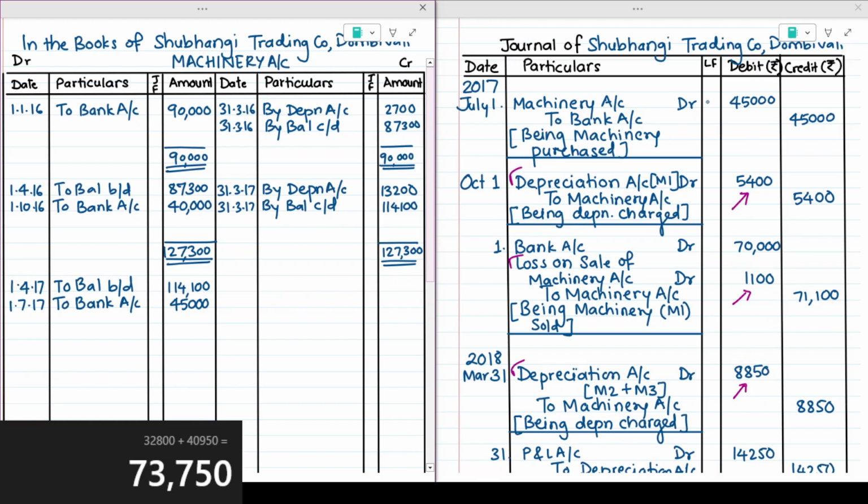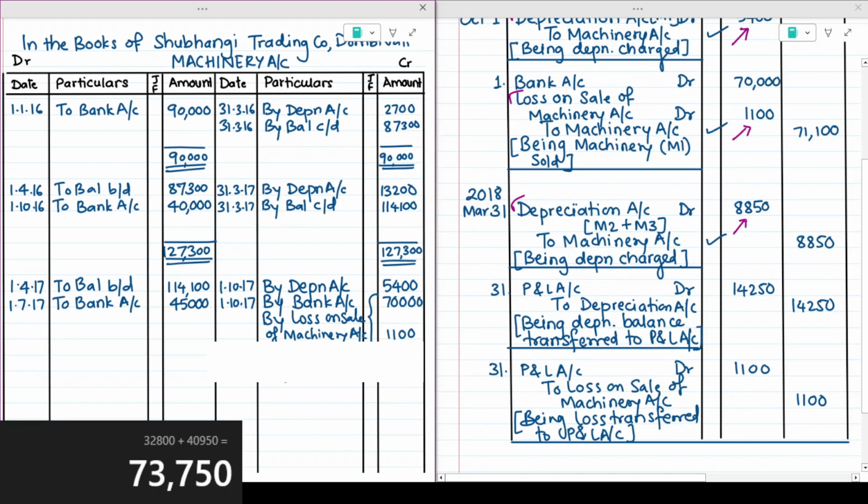71,100 we have to credit, but we have to split this amount into 70,000 and 1,100 as we have received 70,000 by bank. So by bank account 70,000 and by loss on sale of asset 1,100. This entry is done. This way the total of 71,100 is going out of the business by crediting machinery account, correct?